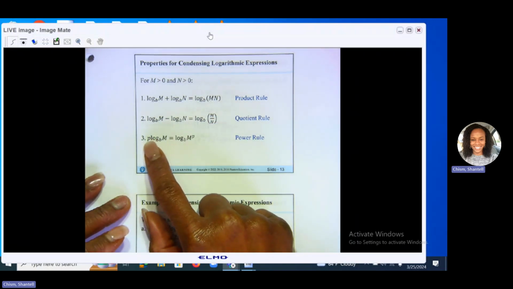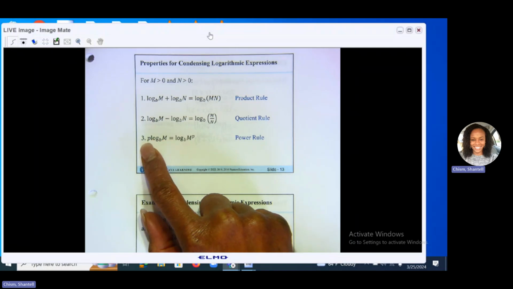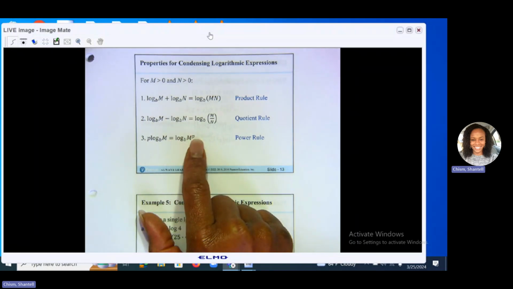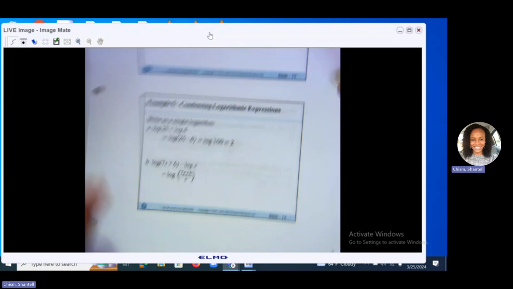And then here, if you notice that you've got a constant multiple out front, a constant value multiplied in front of the logarithmic expression, that can be condensed back up into the exponent, written as an exponent, okay?